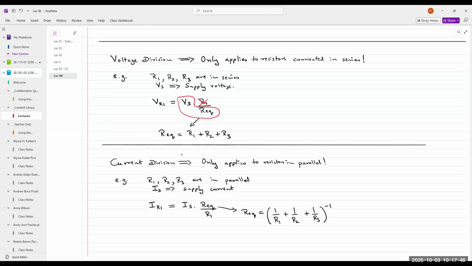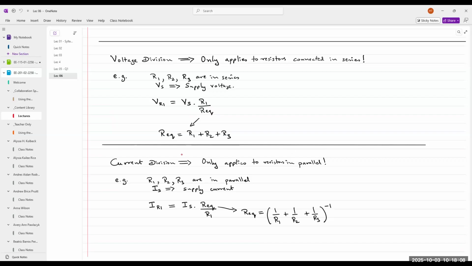Hence, shortcut. So we simply take the equation, we find the ratio of R1 to Req, and you multiply it with the source voltage, that gives you the voltage across that specific resistor. Hence, shortcut. Does that make sense?